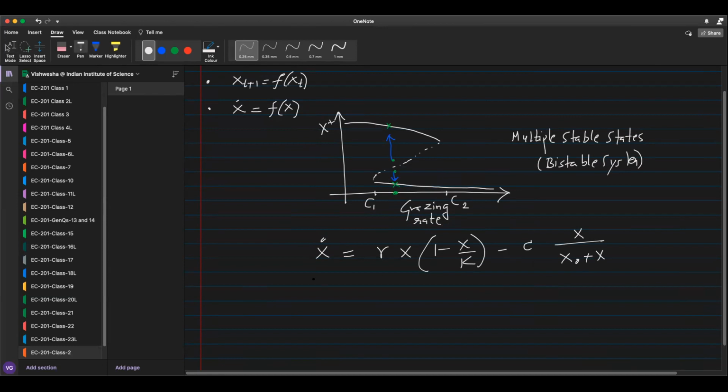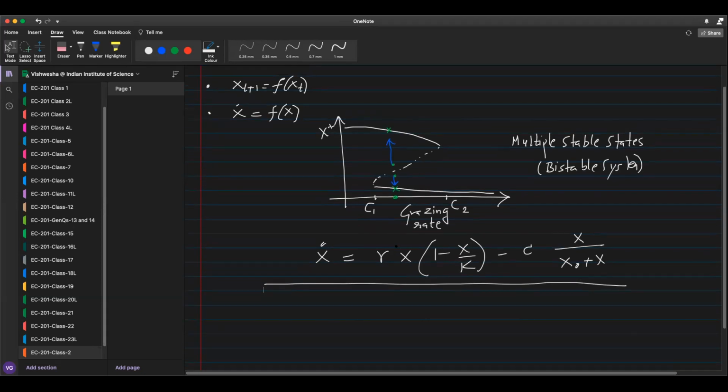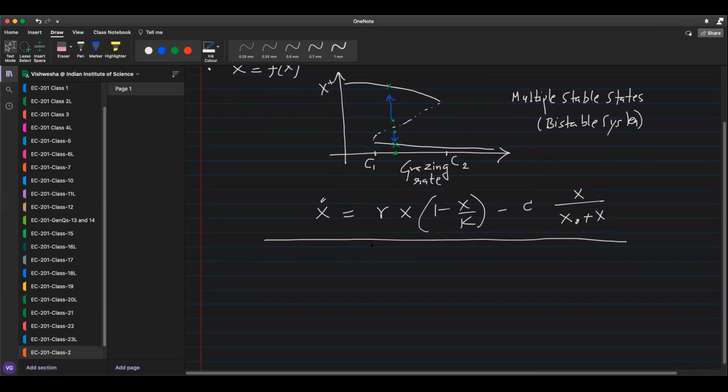Do you all remember these results? I had also asked a follow-up question in the assignment on this. Before I go there, I want to make sure all of you remember these results and that they make sense.